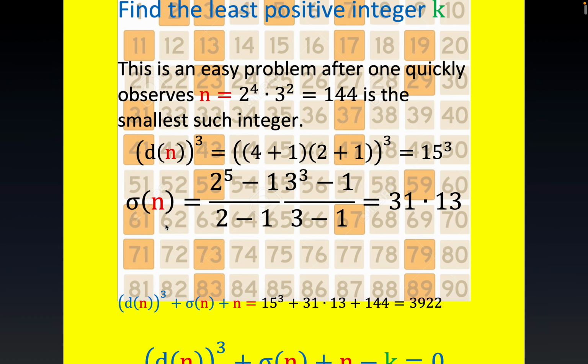Okay. Now down here, this is the sum of the divisors formula. And one way to see why that's true is just think of what this really is. The sum of the divisors of this integer right here, it would have to include 1 plus 2 plus 2 squared plus 2 cubed plus 2 to the 4th.